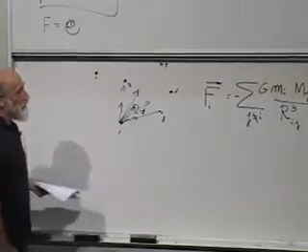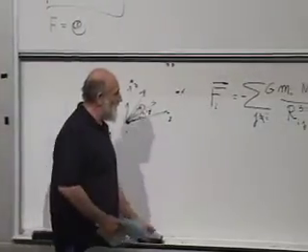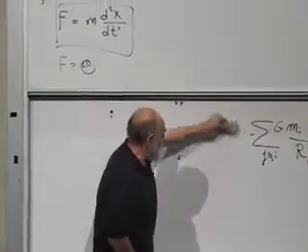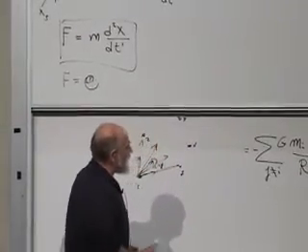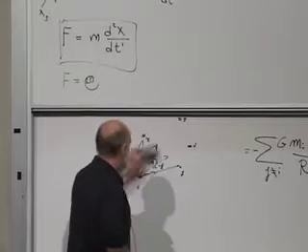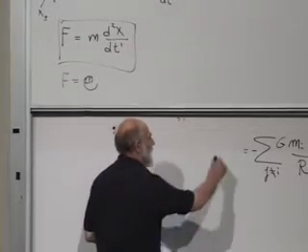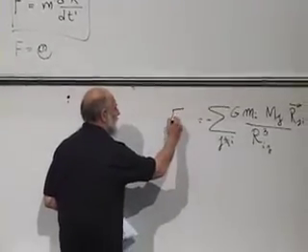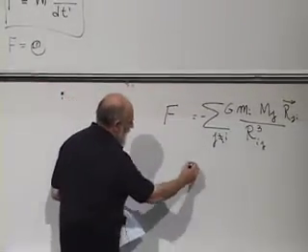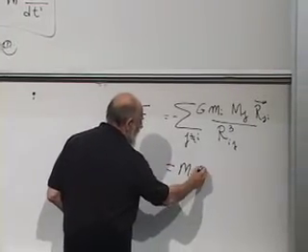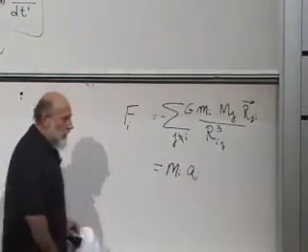If we combine it with Newton's F equals ma equations, then this, on the ith particle, is equal to the mass of the ith particle times the acceleration of the ith particle.